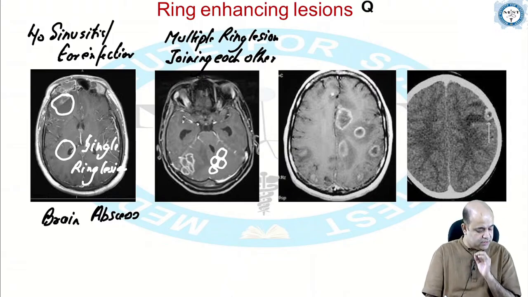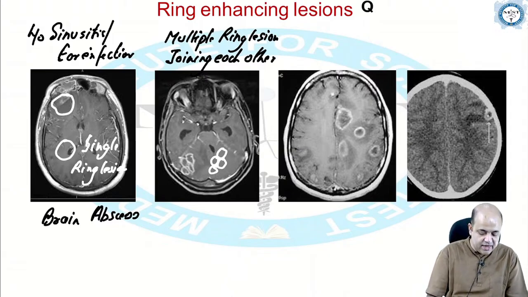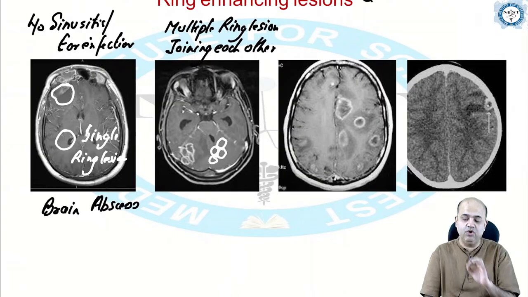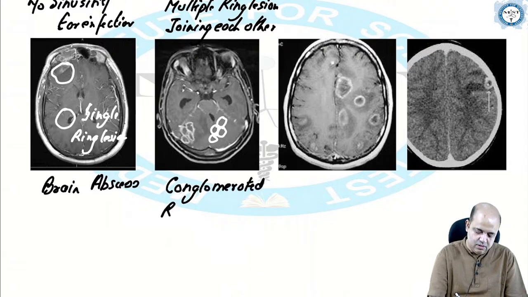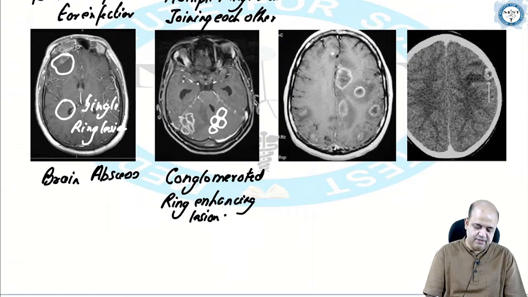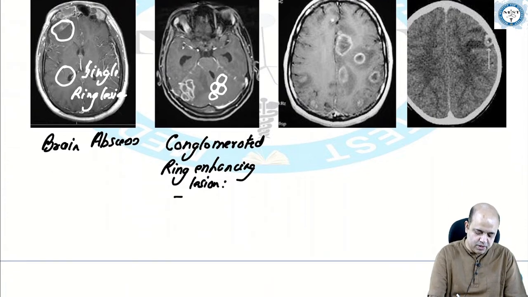This is conglomerated ring enhancing lesions. This is tuberculomas.